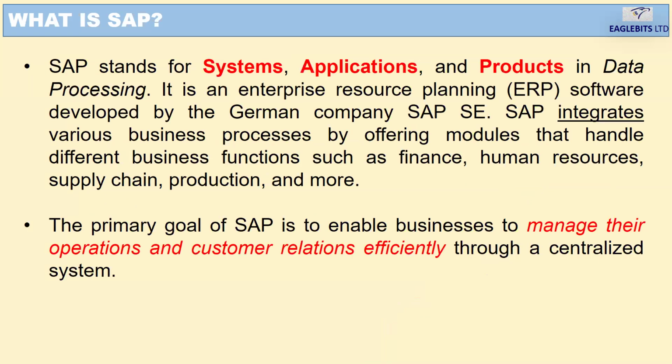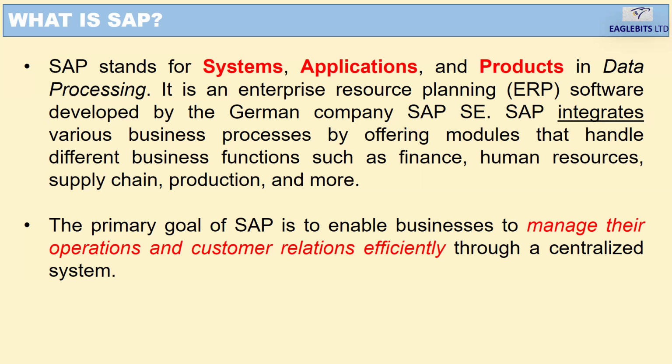So what is SAP? SAP stands for Systems, Applications, and Products in Data Processing. It is an enterprise resource planning software developed by a German company called SAP SE. SAP basically integrates your various business processes by offering several modules that handle different functions such as finance, human resources, supply chain, production, planning, and much more.